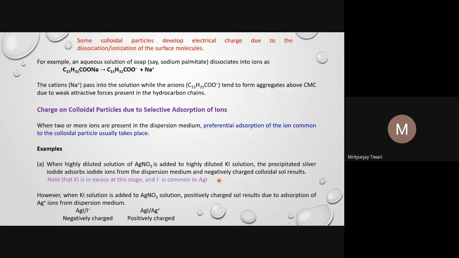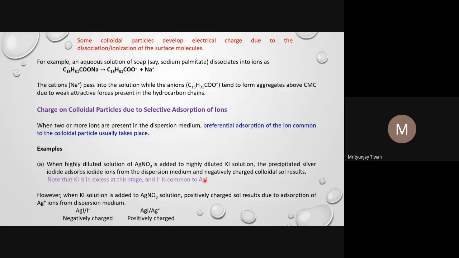For example, suppose AgI, silver iodide, colloidal particles are being precipitated during the formation of the colloid. If the ion in excess in the dispersion medium is potassium iodide, then the colloidal particle AgI will absorb iodide ions.